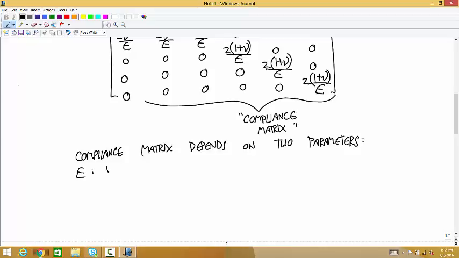E, the Young's modulus, or the elastic modulus, or the stiffness. And the Young's modulus is a measure of if you put something into tension, how much it stretches in that direction.